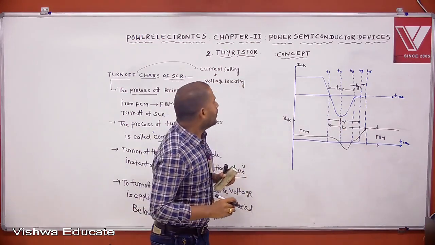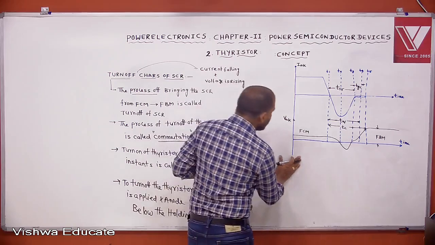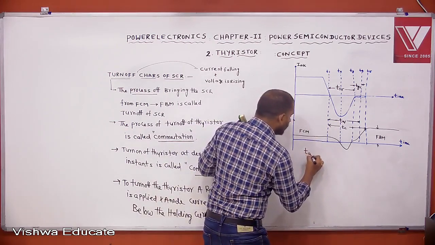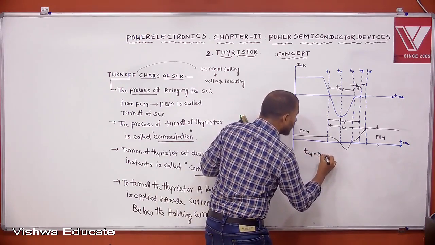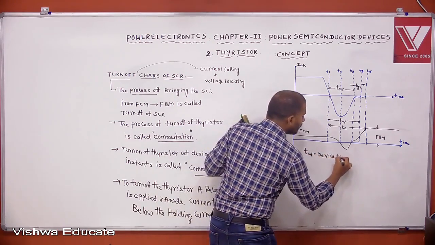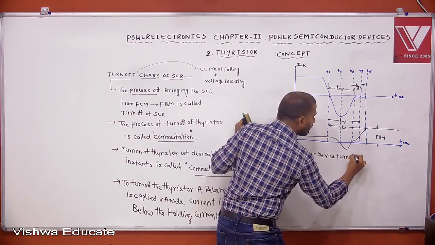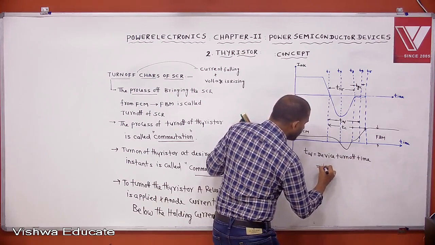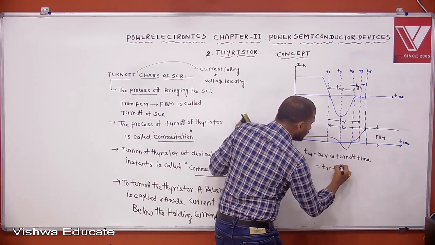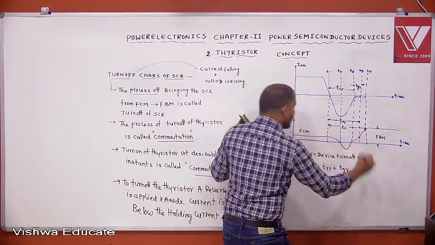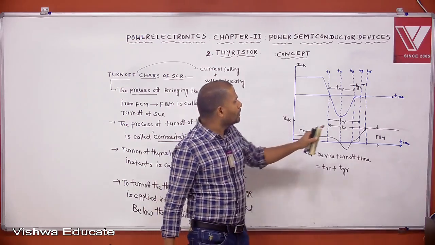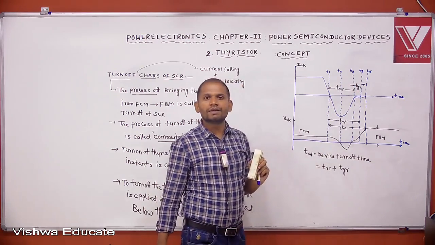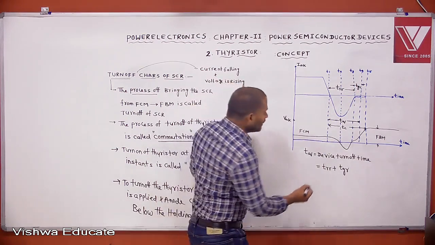Now what is this TQ? TQ is equal to device turn off time. Device turn off time is equal to TRR plus TCR. What is TRR here?